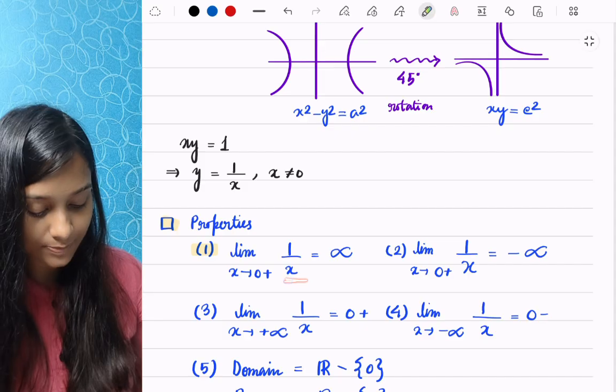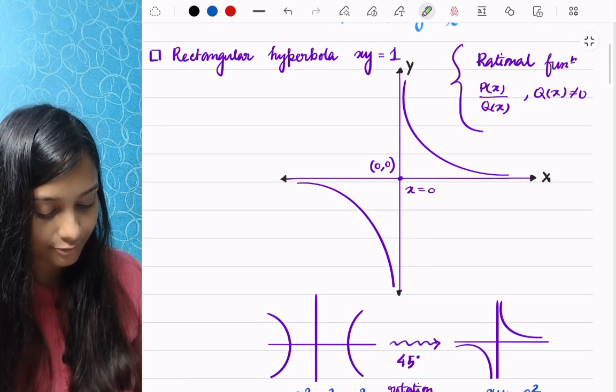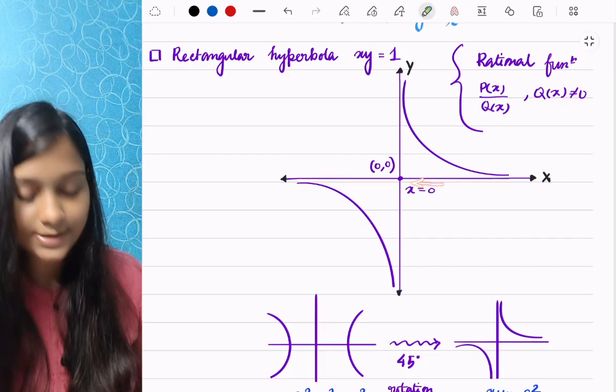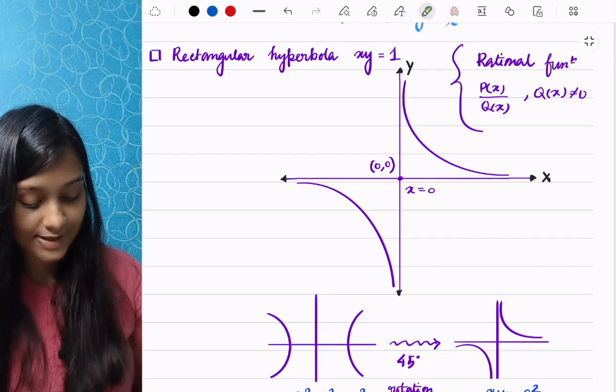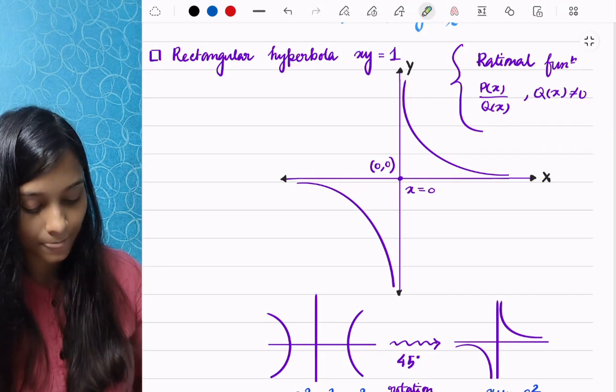Now here we can see that this property holds, that is, for x tends to 0 plus, the limit of this function is positive infinity. So it is apparent from this graph that as the x value goes towards 0 from the positive side, the y value goes towards positive infinity.